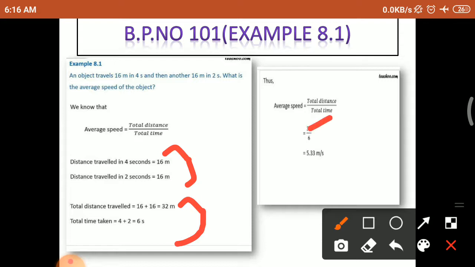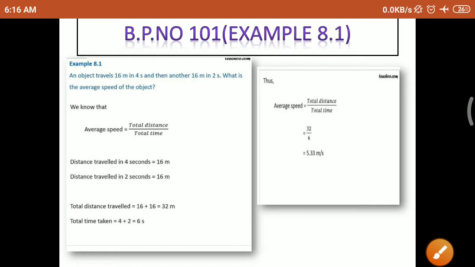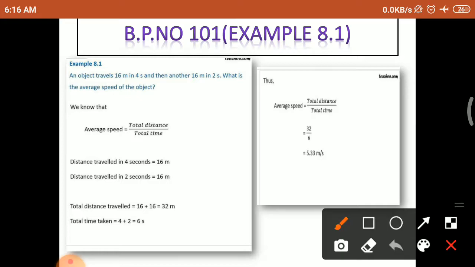Total distance 32, total time 6. So when I divided 32 by 6, I got 5.33. You know the unit? The distance is in meter and time is in second. So the unit is meter per second. So the average speed of the object is 5.33 meter per second.